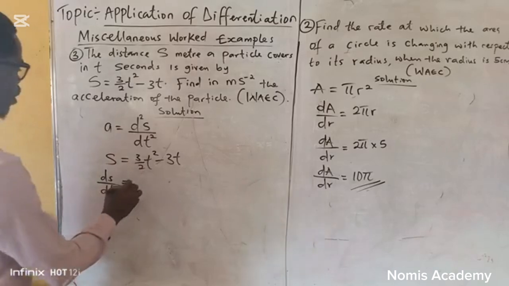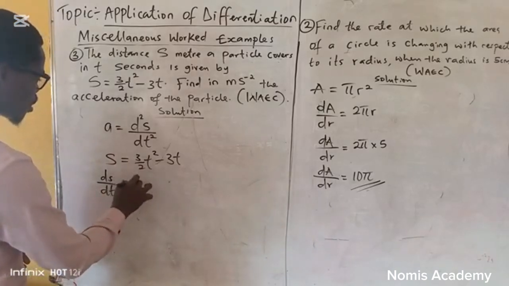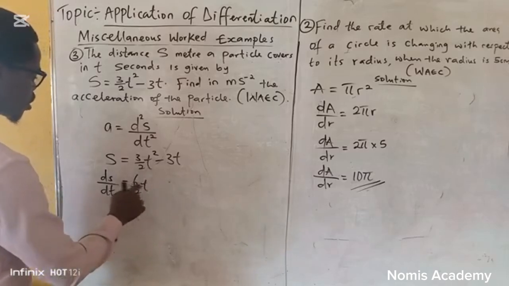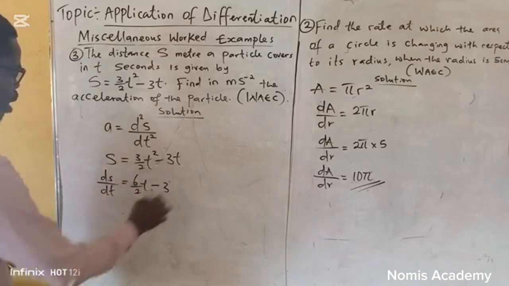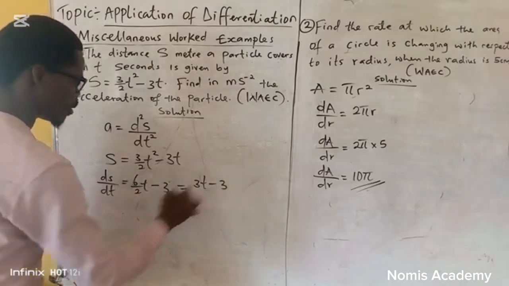So this will give us 6 over 2 t minus 3. Okay, and that is 3t minus 3.